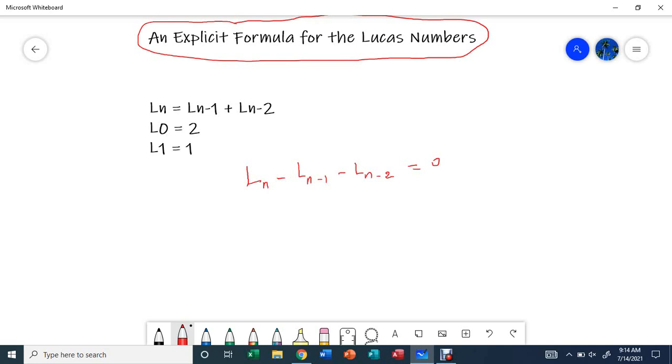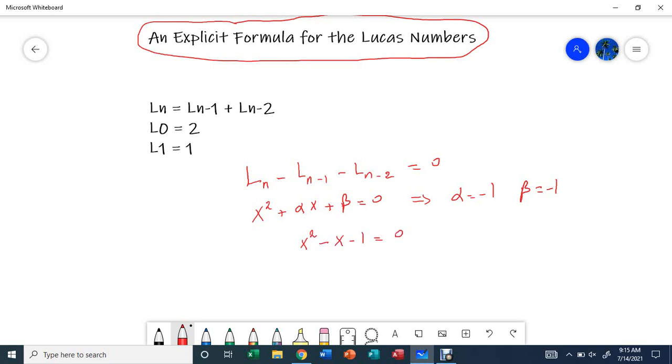So now the characteristic equation looks like x squared plus alpha x plus beta equals 0. So in this case alpha is negative 1 and beta is also negative 1. So we will try to find the roots of this quadratic equation, x squared minus x minus 1 equals 0.